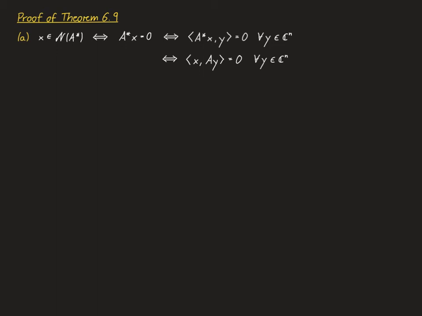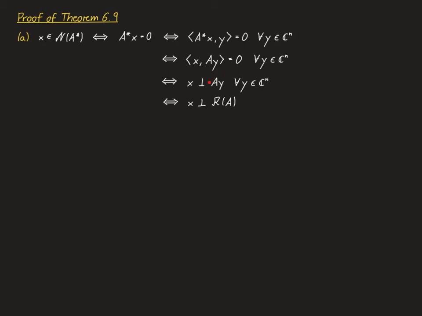Now, by the definition of the adjoint map in the first argument, we can replace it with the map A in the second argument. The inner product of x with Ay being equal to 0 for all y can also be written as x being orthogonal to Ay for all y.